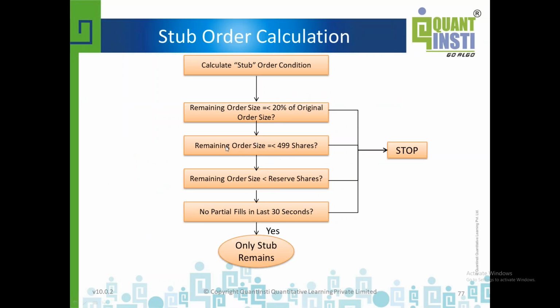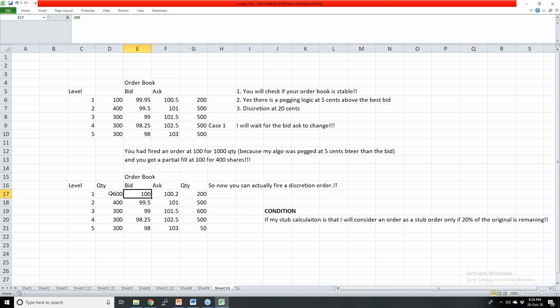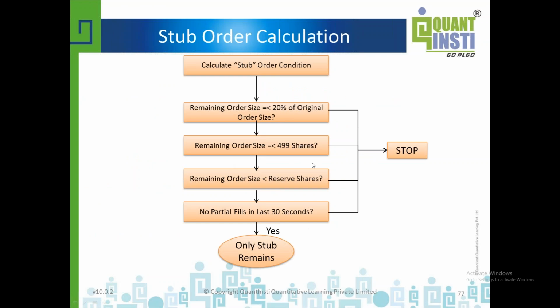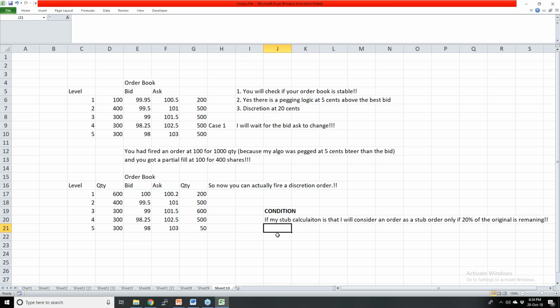Or it could be that the remaining order size is less than 499, right? The order is not less than 499, it is 600. So had I defined it this way, that would be another condition. These can be different conditions. Another could be no partial fills in the last 30 seconds.